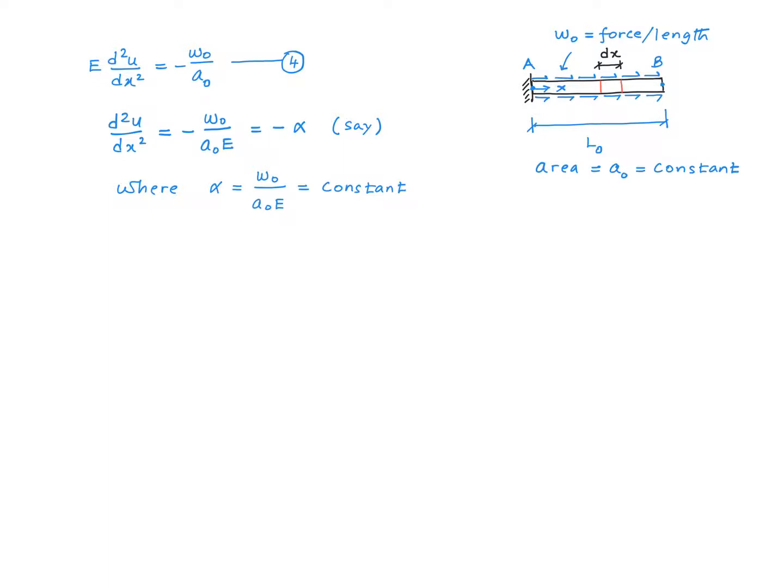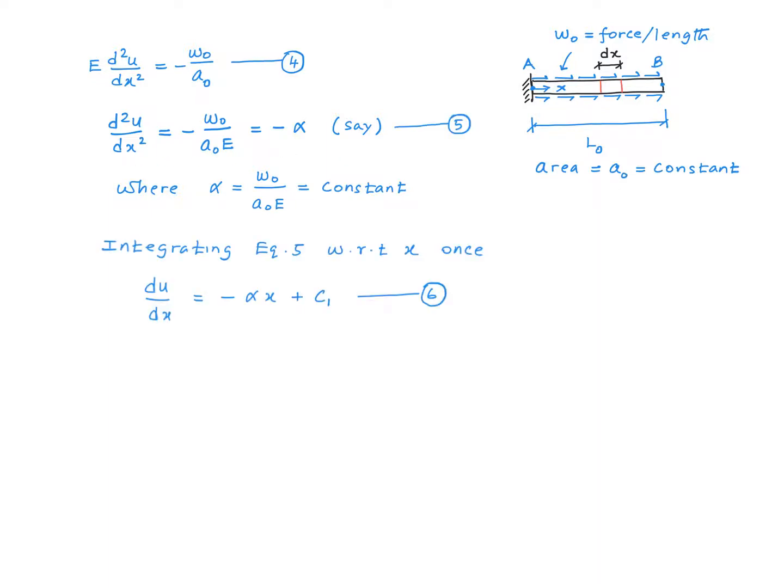On the right side, we have minus omega naught divided by A naught times E. All three of these quantities, omega naught, A naught, and E, are independent of x, and therefore they are all constants. Let's give a new notation alpha for this. So this differential equation now becomes d2u over dx squared equals minus alpha, where alpha is given by this expression right here, which obviously is a constant.